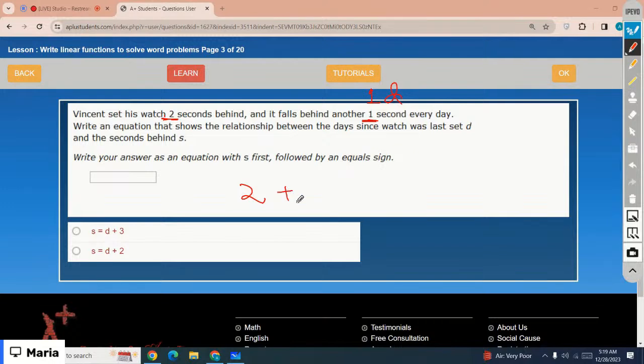And 1 second every day. So the equation would be d plus 2, the correct option. That is equation number 2. S equals d plus 2.